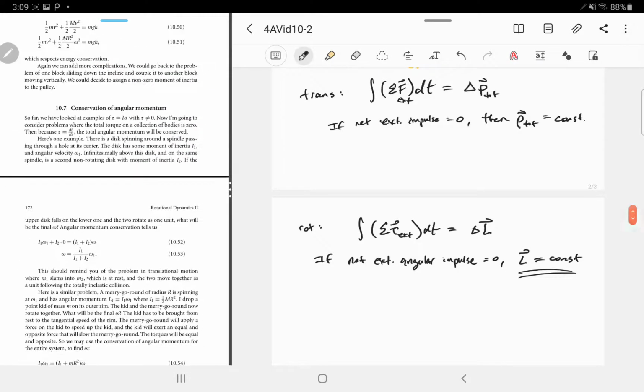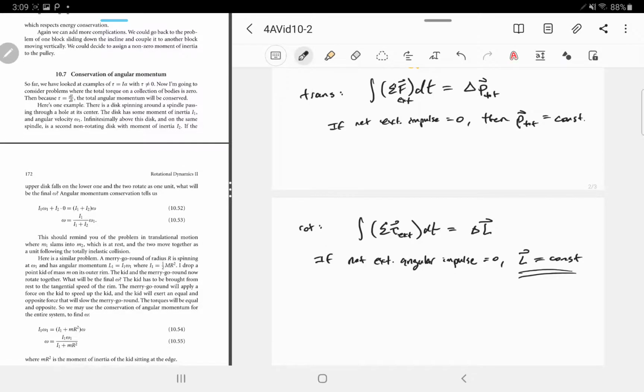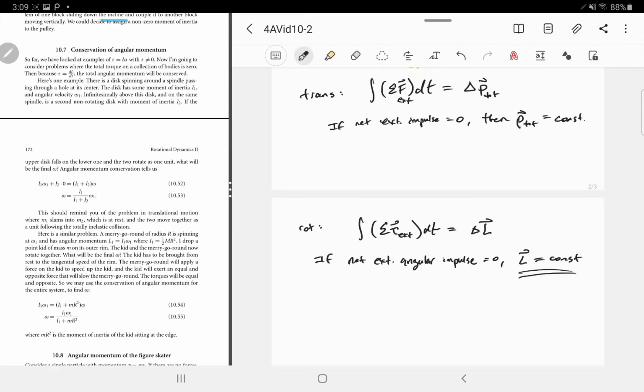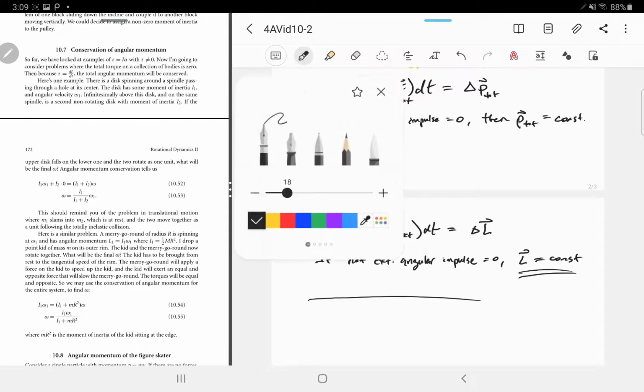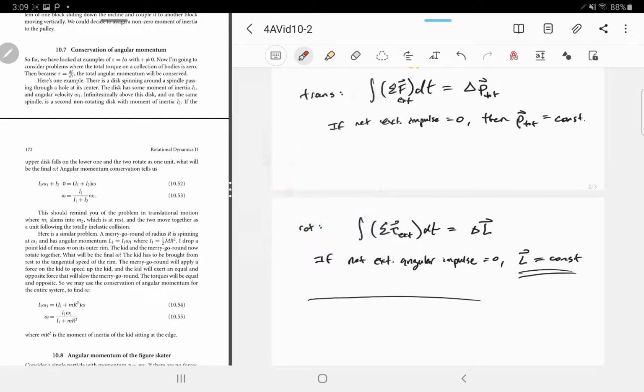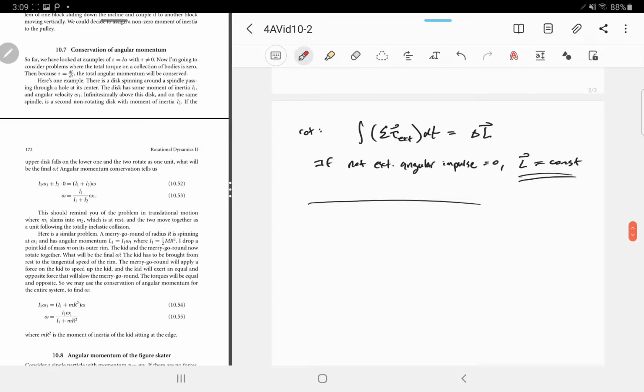Okay, so a lot of these problems with angular momentum are the rotational versions of problems that you've seen before. So your book talks about this. Here's one example. You have a disk spinning around. So maybe I can give life to some of these examples. Example 1.